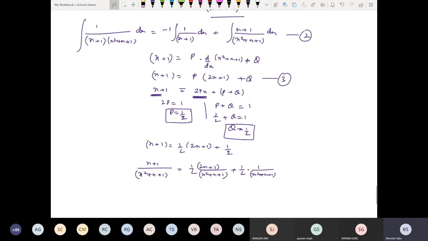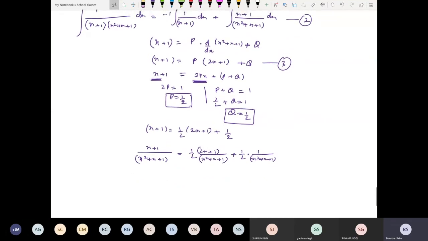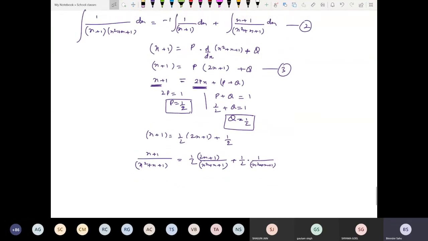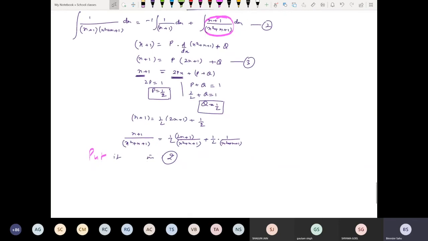Now what to do? Integrating this. Or you can simply replace this, because now this is easily integrable with the help of this. We can simply put this in second. Okay. So in second, what will be? This is our original integral.